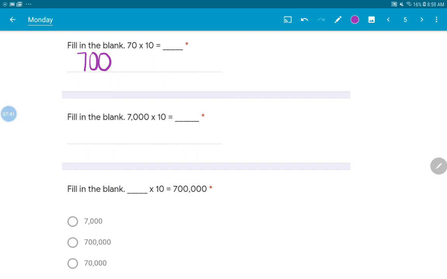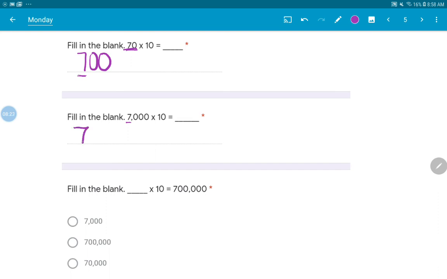How about 7,000 times 10? What's that going to be, Alexis? If 70 went from the tens place value to the hundreds place value, where would the 7 in 7,000 go when we multiply it by 10? Help her out a little bit, Caden. 70,000.